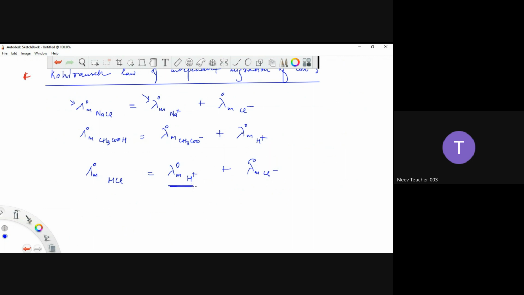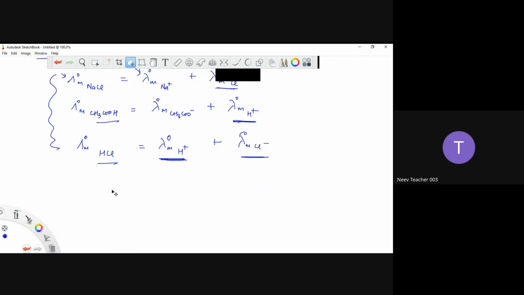Now this molar conductivity of H plus and that molar conductivity of H plus are the same, no matter whether it comes from a weak acid or HCl. Similarly, this Cl minus and that Cl minus are also the same. But the condition is that it should be at infinite dilution. This is in terms of molar conductivity.